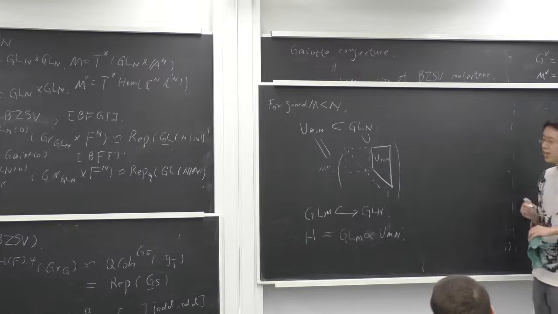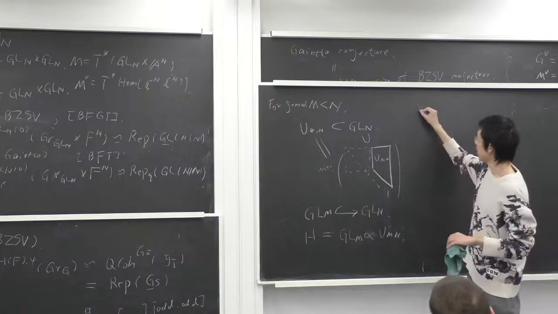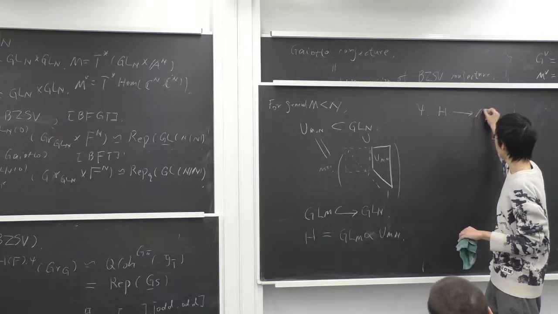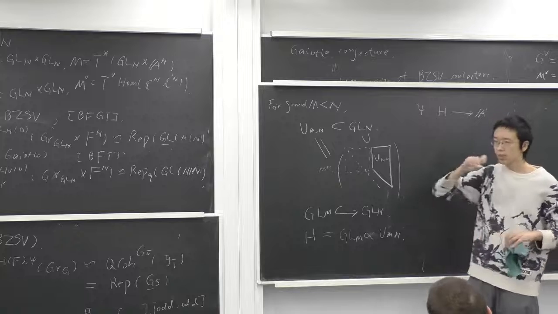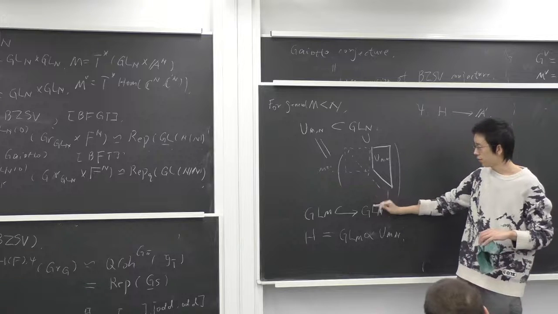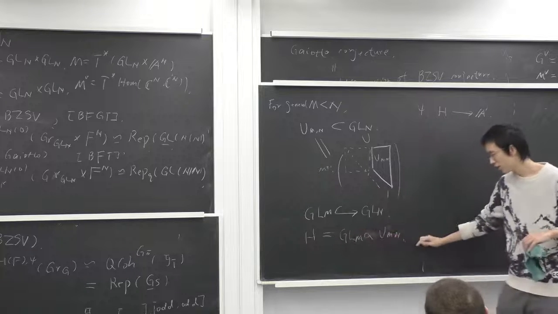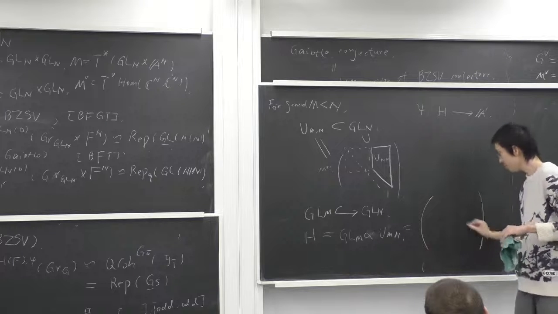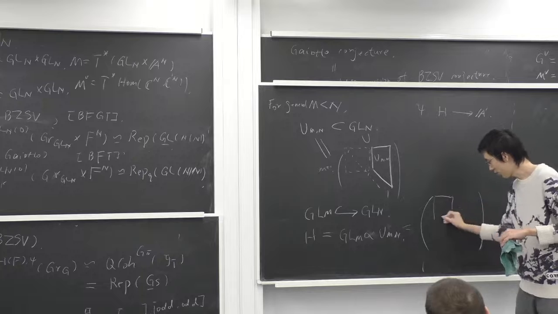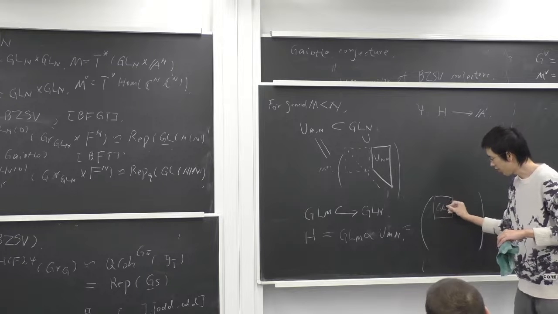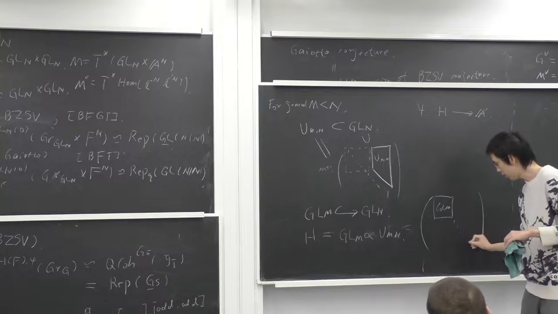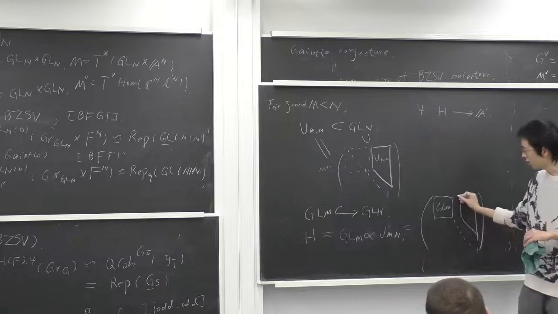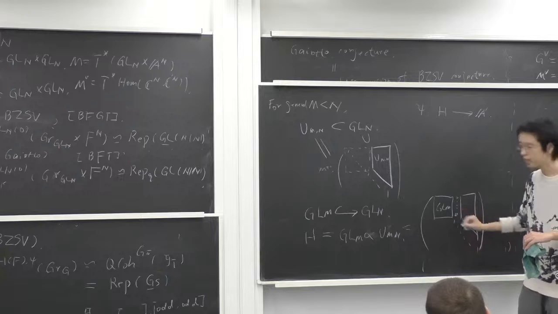Your group H also has a character, an additive character from H to A^1, which sends a matrix of the following form. In the top left corner there is GL(m), and on the right part there is U_{mn}, and there is a column in the middle to separate them.